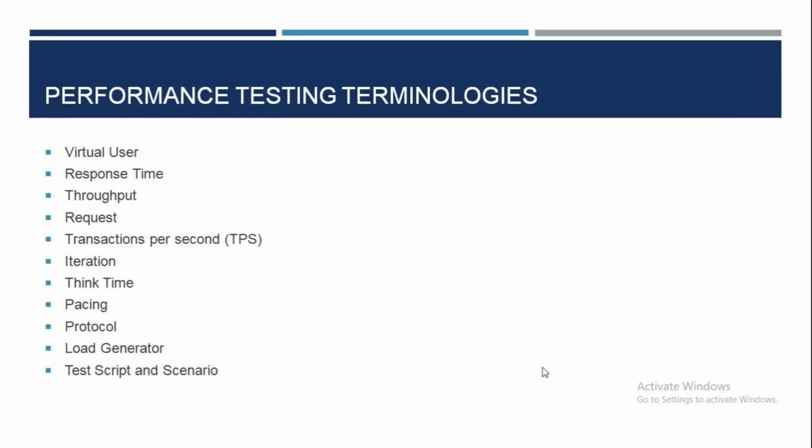So the performance testing tool will generate the load, will generate the users, and the request will be transferred from those users to the server. All this creation of load, creation of the virtual users, and them trying to access the application, all happen on the load generator machine.